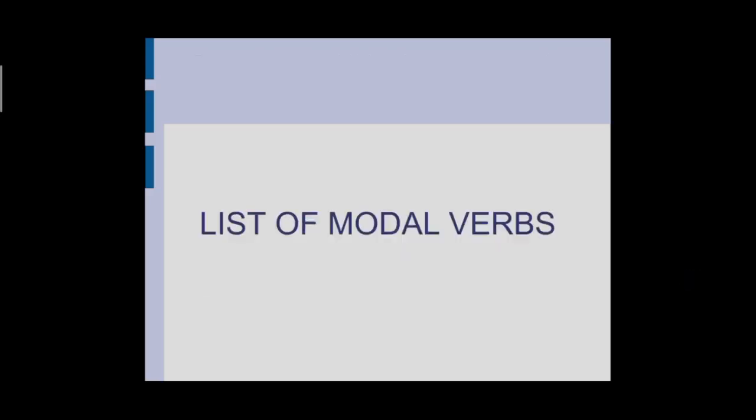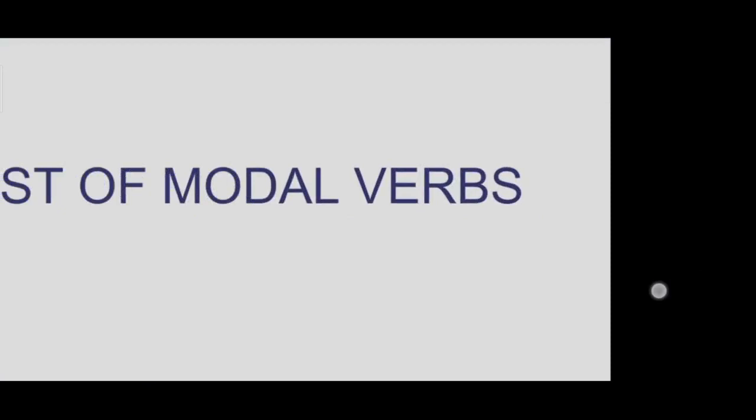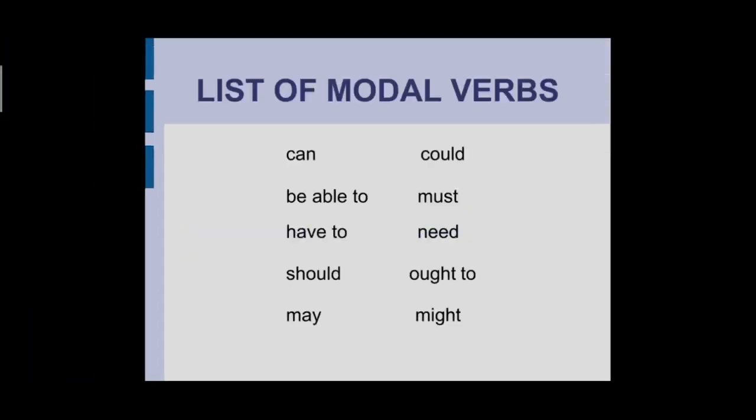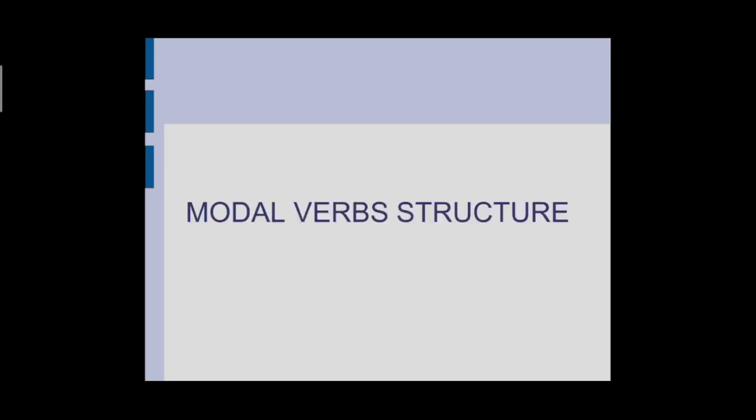Now let's take a look at some of the modal verbs. You can see over there can, could, be able to, must, have to, need, should, ought to, may, might, and many more. There are so many modal verbs, and these are the common examples of modal verbs.